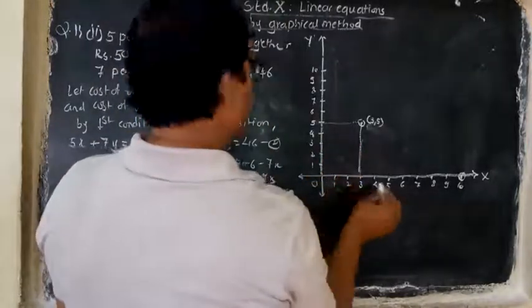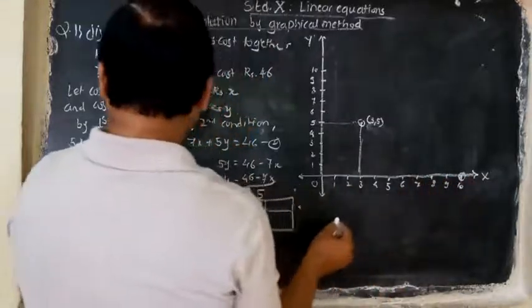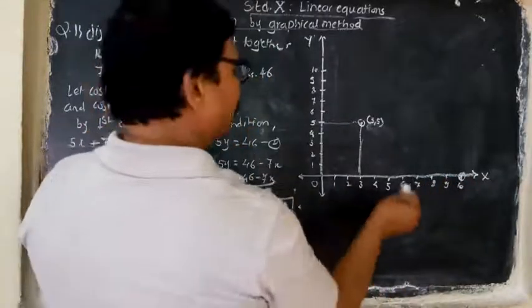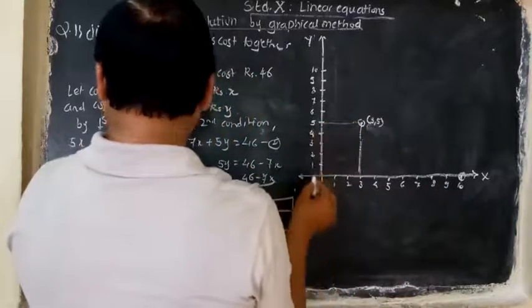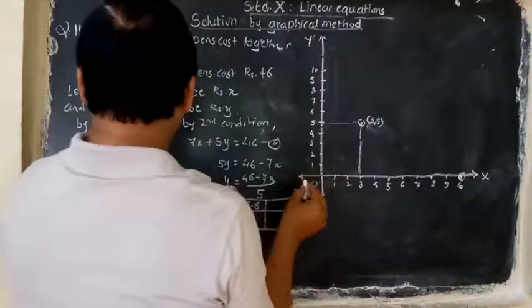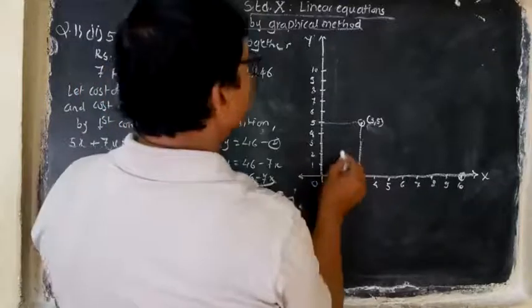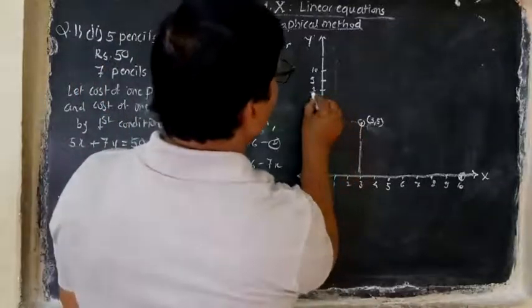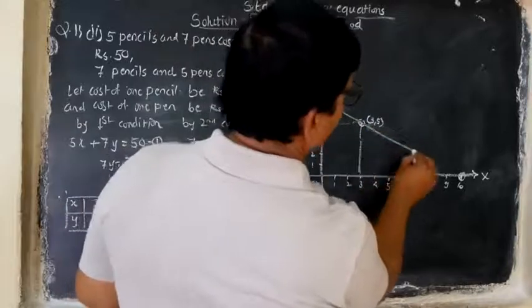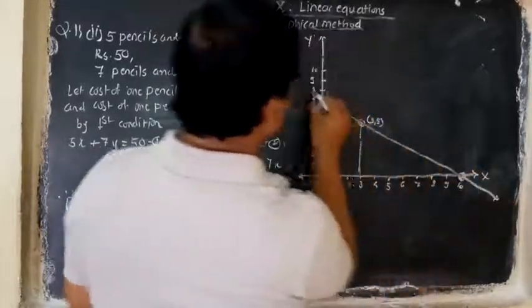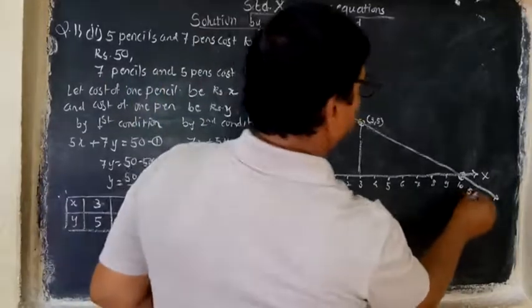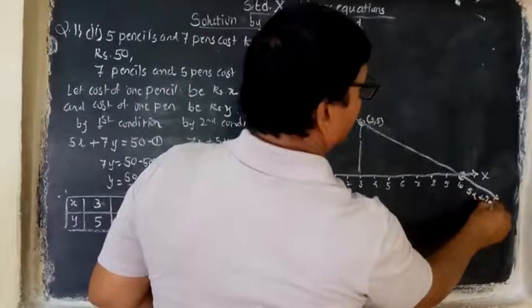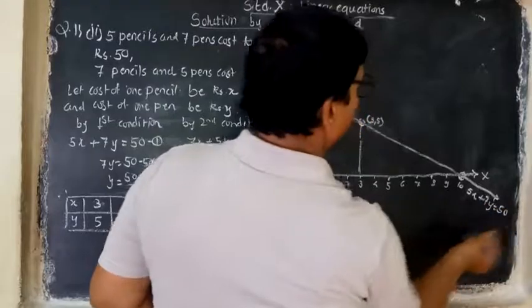The name of the equation is 5x plus 7y is equal to 50.